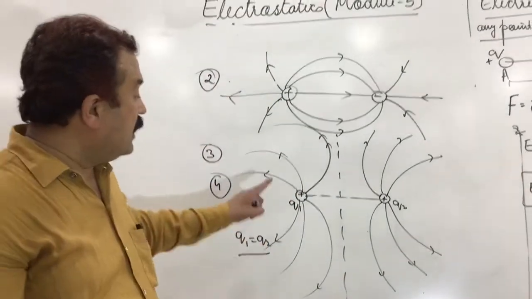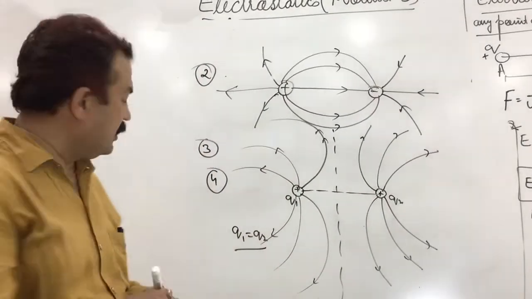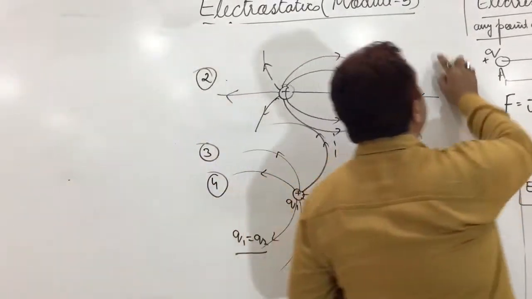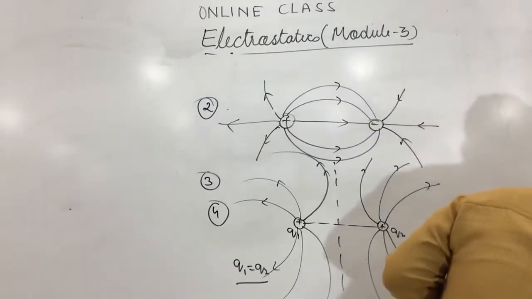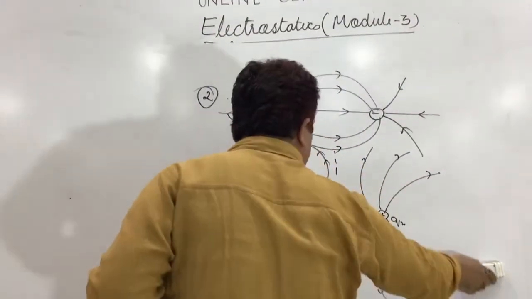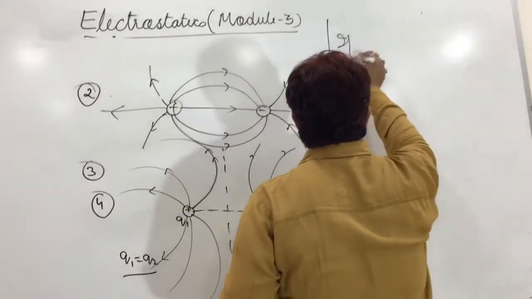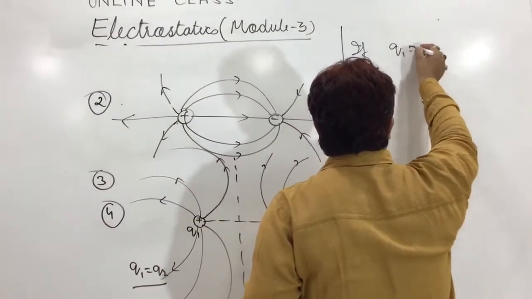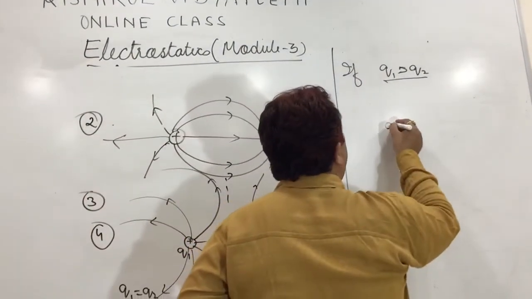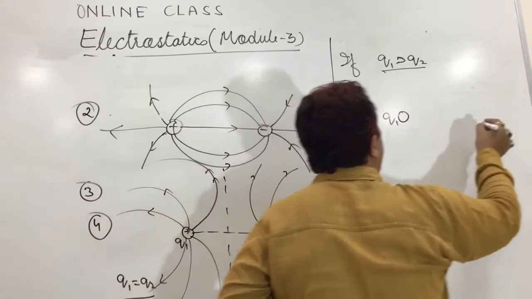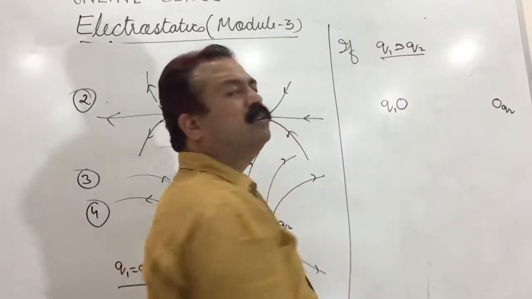Beta, if any one charge has more magnitude than the other one, then what will happen? I'm telling you. See, if Q1 is more than Q2, in this situation, let's say it is Q1 and it is Q2, and the Q1 magnitude is more than Q2.